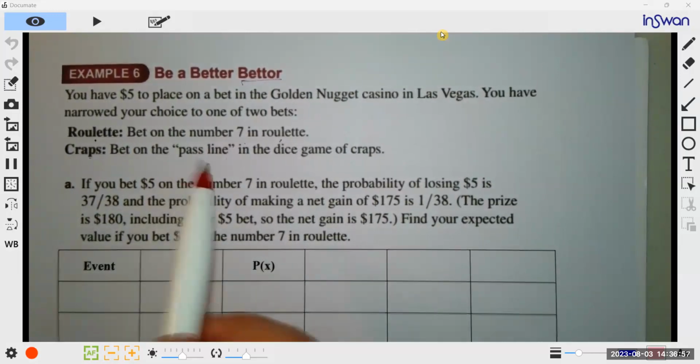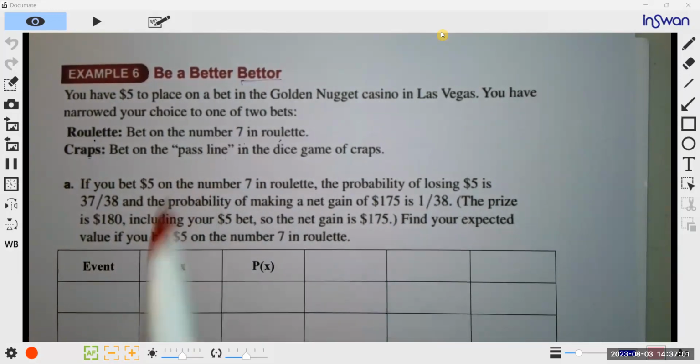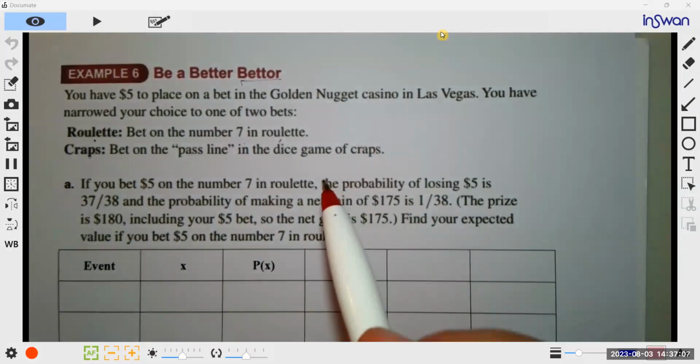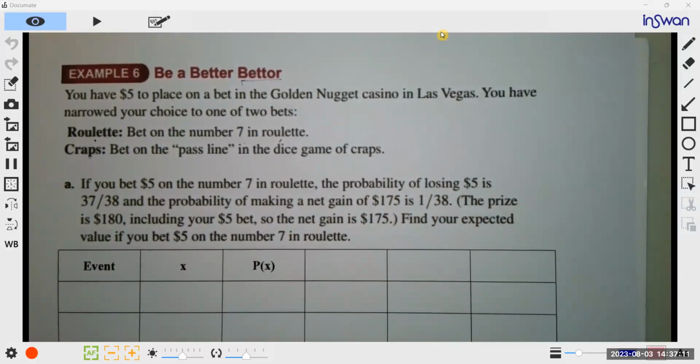If they roll a 7 on the first roll, then you win money. But if they don't roll a 7, anything else becomes what's called a point, except, of course, there's always 2, that's a bust, snake eyes. After anything above that becomes a point, he keeps on rolling until he gets it.